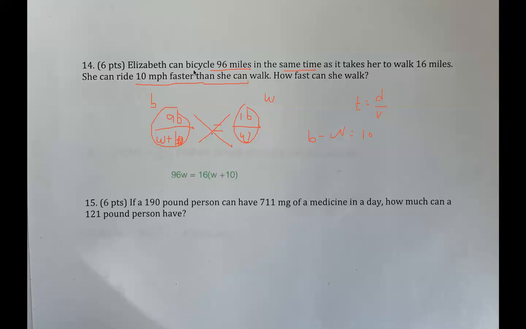We will try to solve this equation. So 96W equals 16W plus 16 times 10, which is 160. Then 96W minus 16W equals 160. 96 minus 16, we get 80.